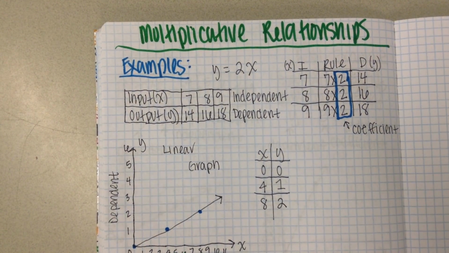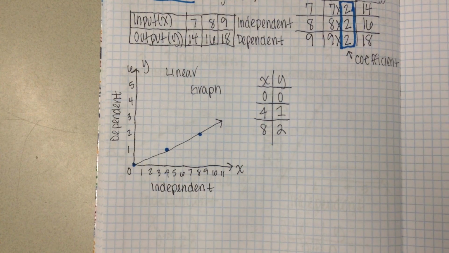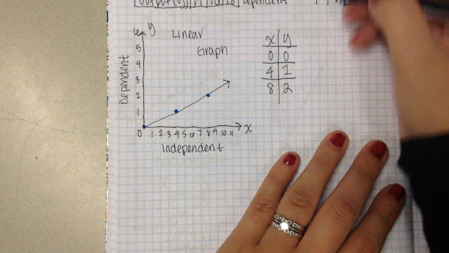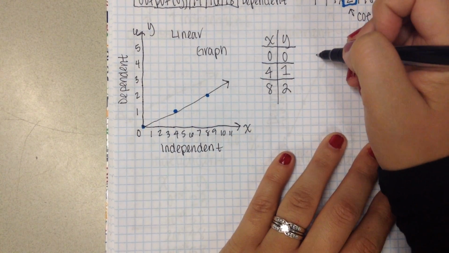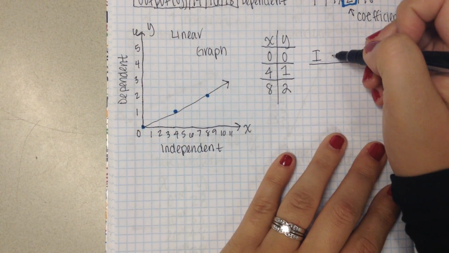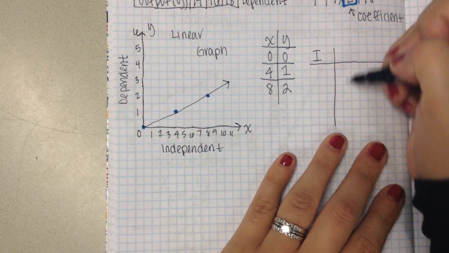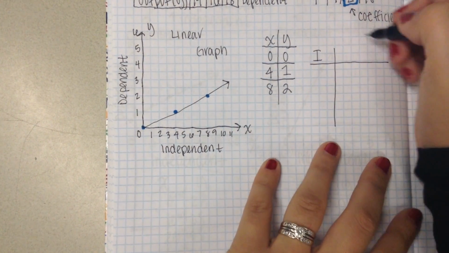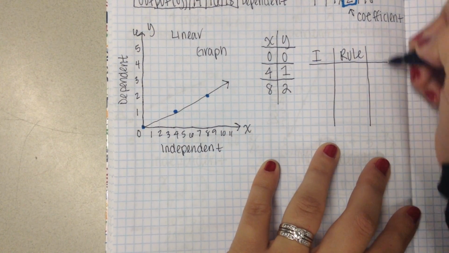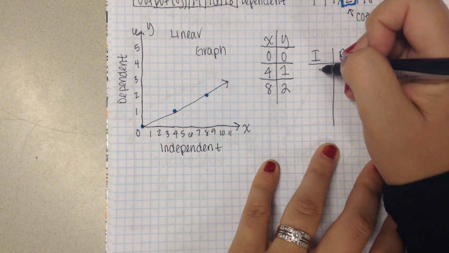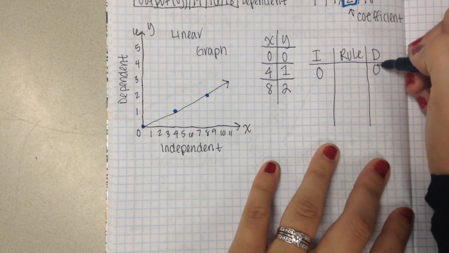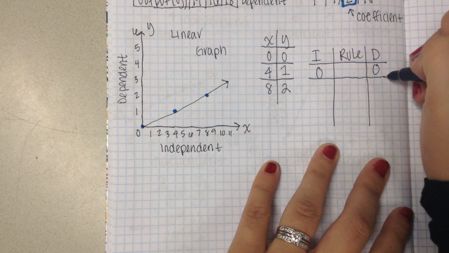Now we're going to draw a table like this one. We have our independent and we have our dependent. We start with 0. What am I doing to 0 to get 0? Well, we don't know anything yet, so we're going to skip to the next one.